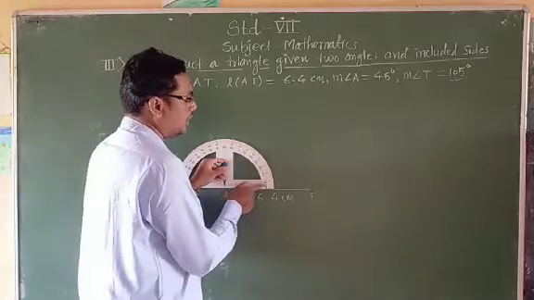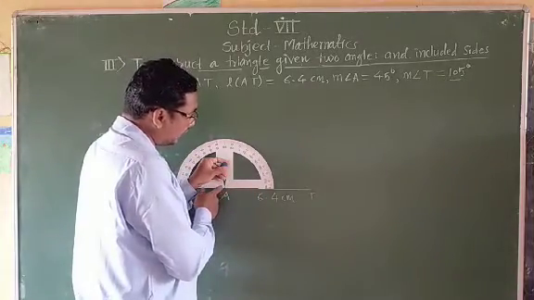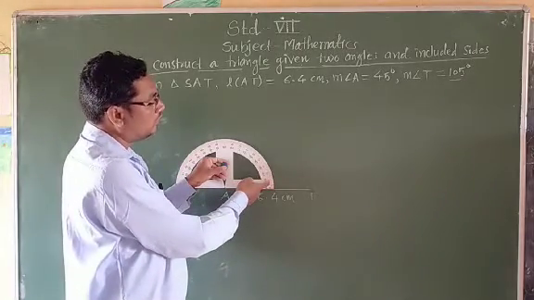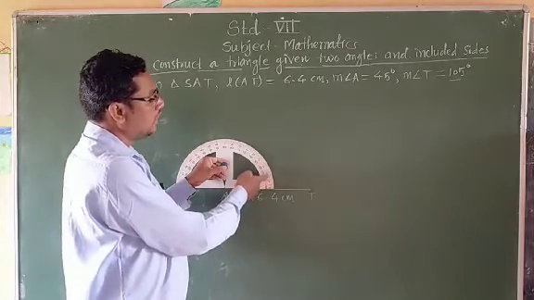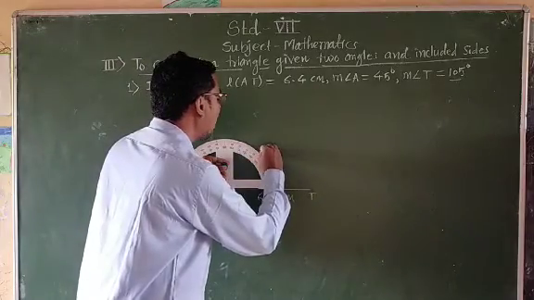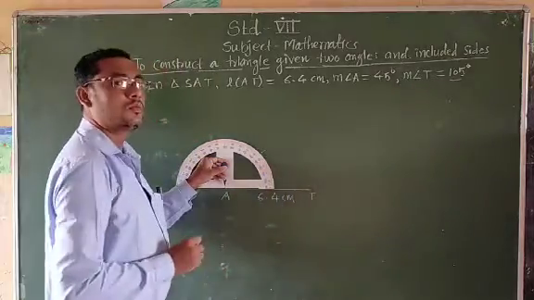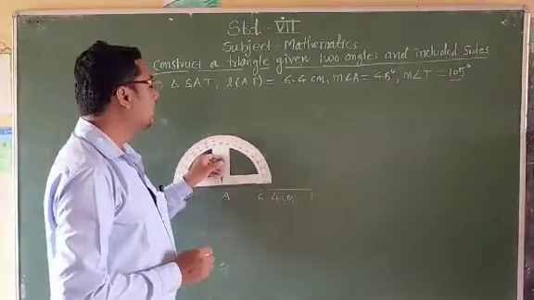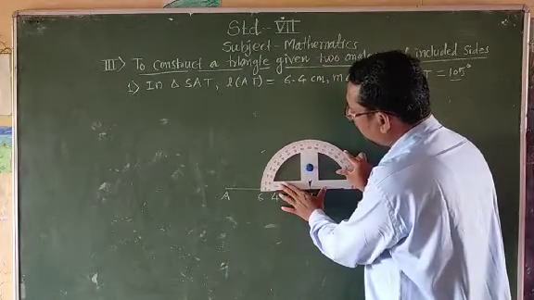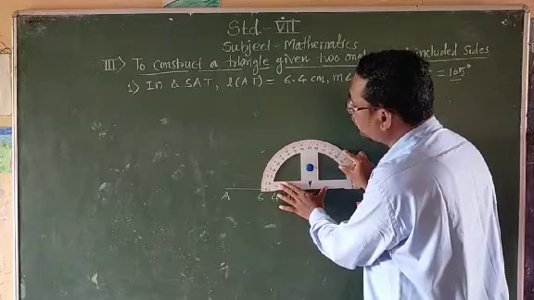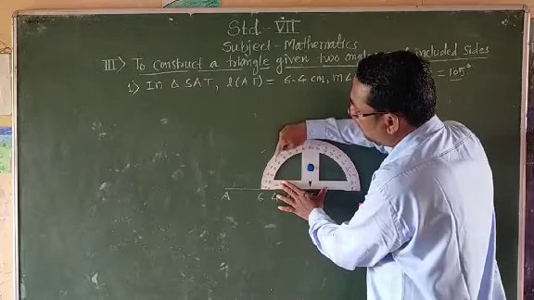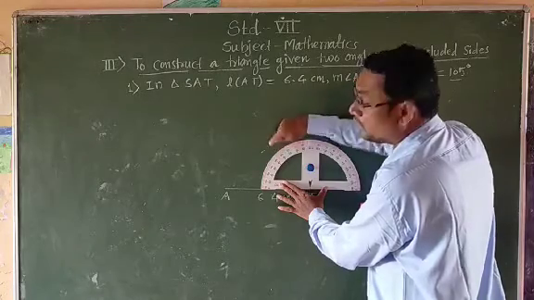Point A means you have to count from this side: 0, 10, 20, 30, 40 and this is 45. If I put this protractor on T, then where we get 45 degree? Here we get 45 degree. Look here, after 40 we get a 45.